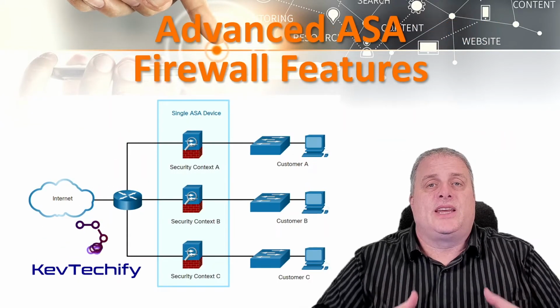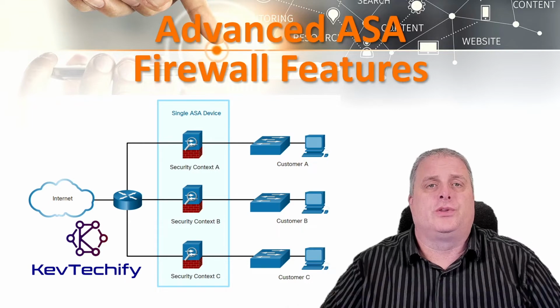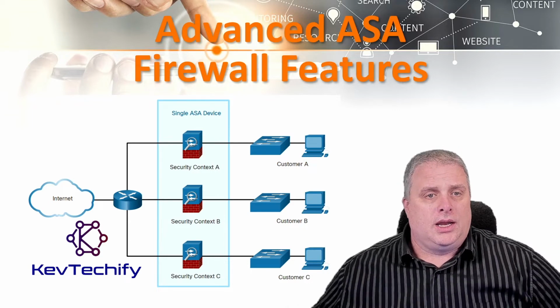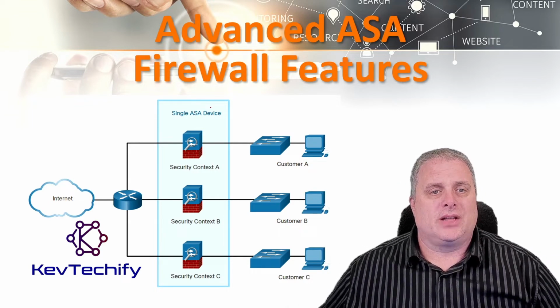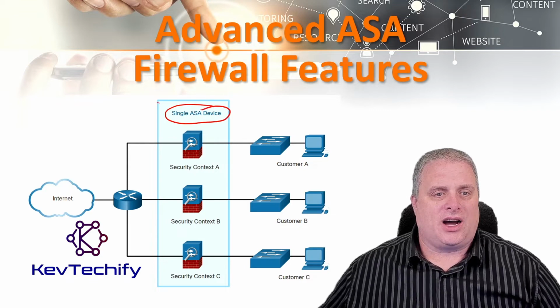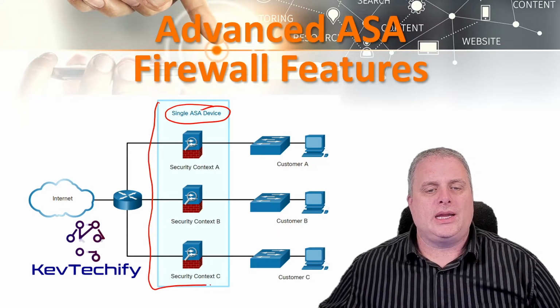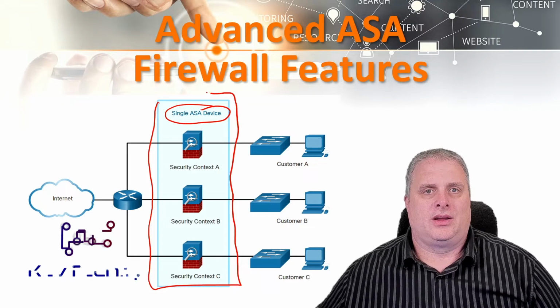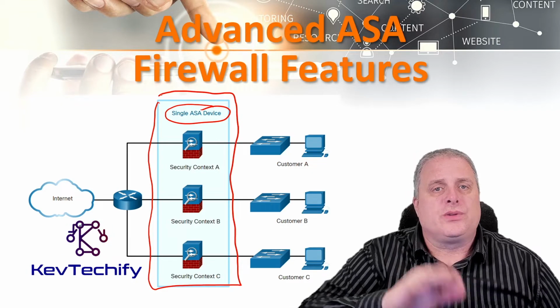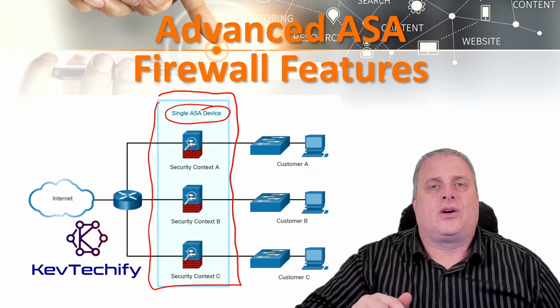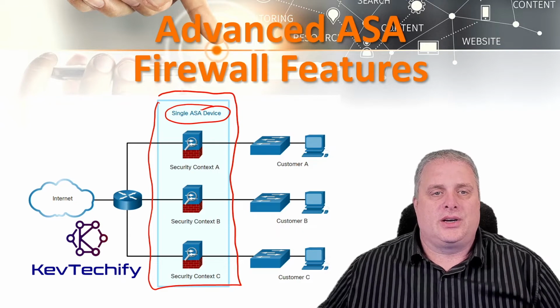A single ASA can be partitioned into virtual devices. Here we have one single ASA, and it's covering 3 different LANs. And each of these virtual devices, they are called a security context.